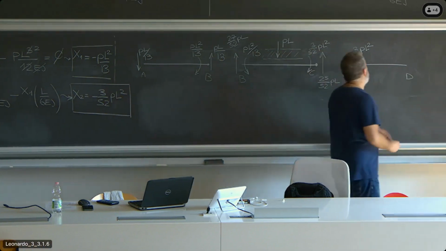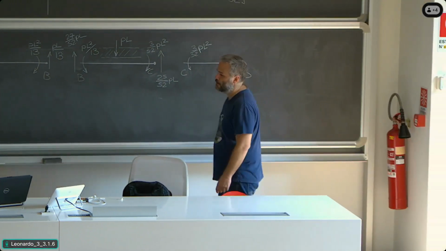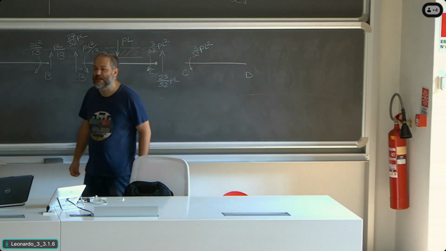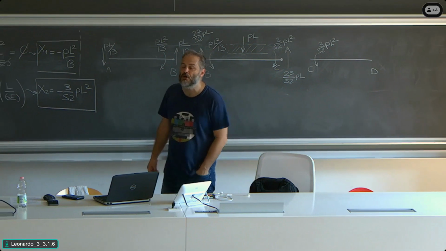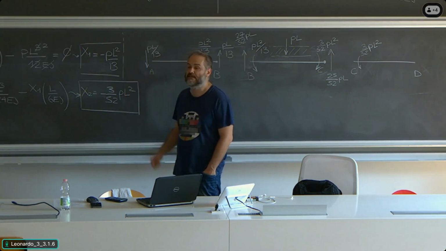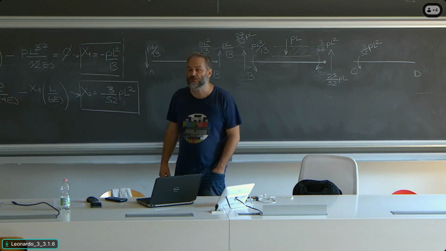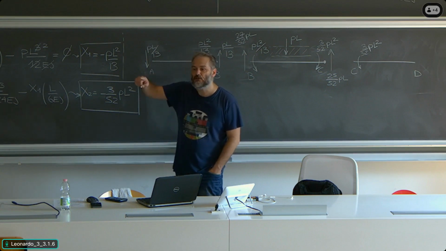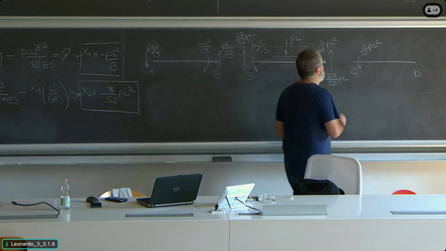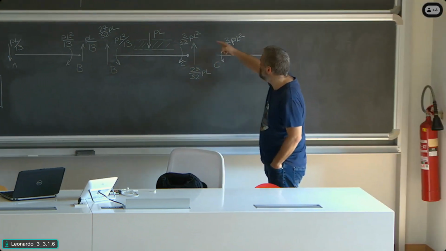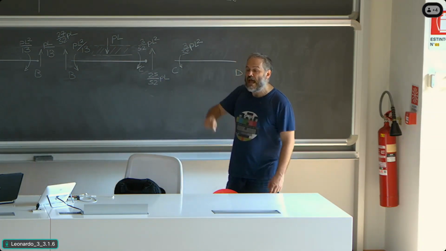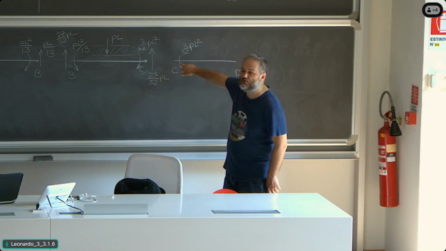Last is span CD. Just to save some time, I will spare you the details of the calculation, which can be done exactly in the same way as for span AB. Situation is the same. Span is not loaded. There is just a moment at one end. The obvious result we should get is a couple of forces at the ends which are in equilibrium with each other and whose moment is opposite to this one.